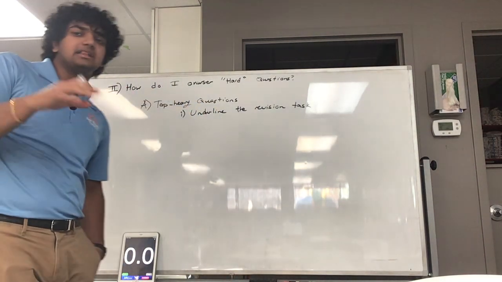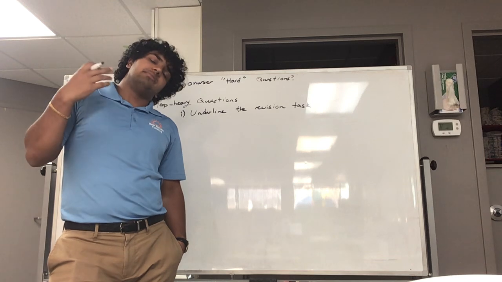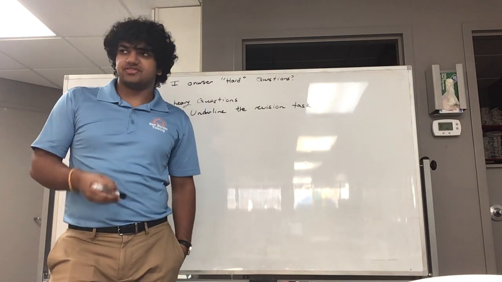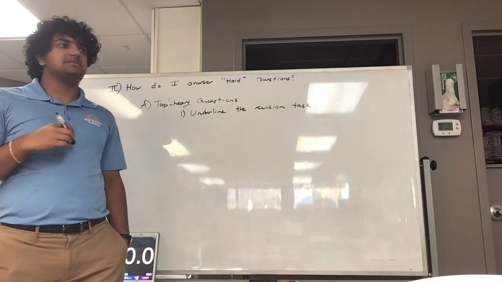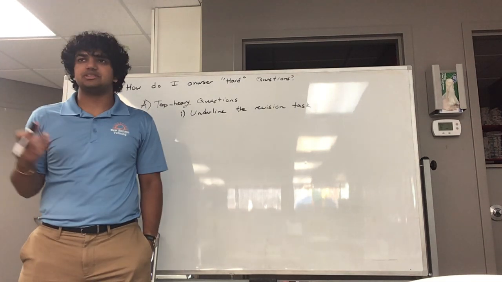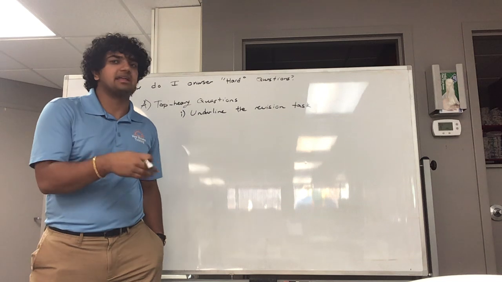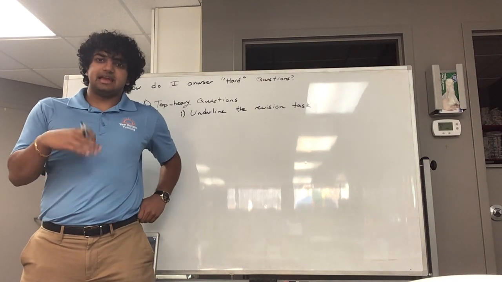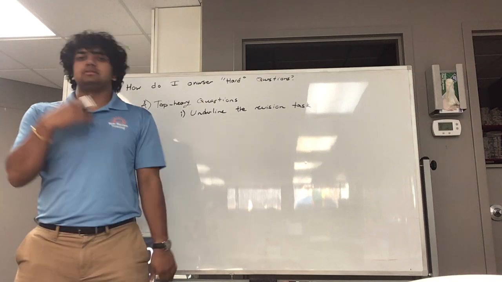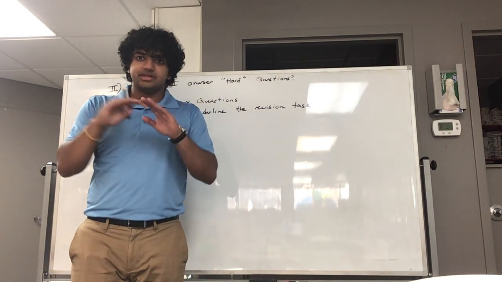It's going to tell you exactly what to do. The problem is we always forget. Every single time there's a top-heavy question, you're going to forget what to do. Because as an editor, normally your job is just to pick the thing that sounds best or grammatical or whatever. That's not really what we're doing here. The idea is they're going to tell you what to do. So underline that part to make sure that sticks in your mind.